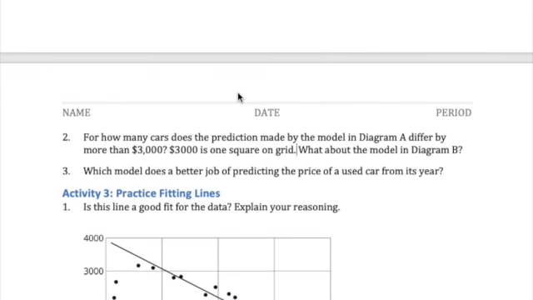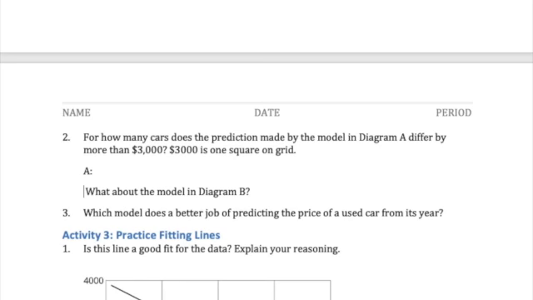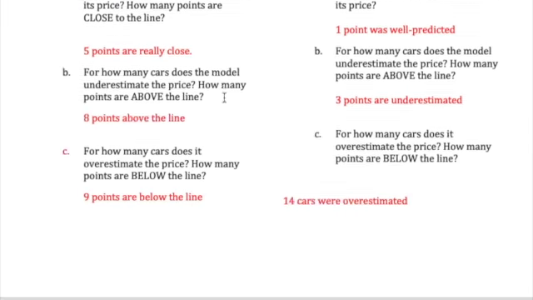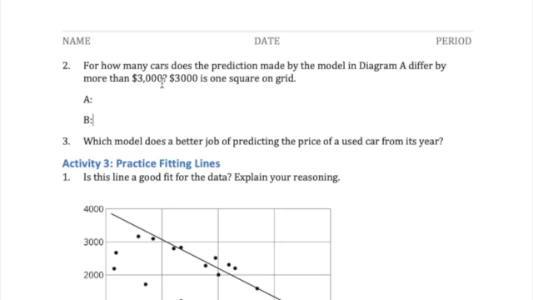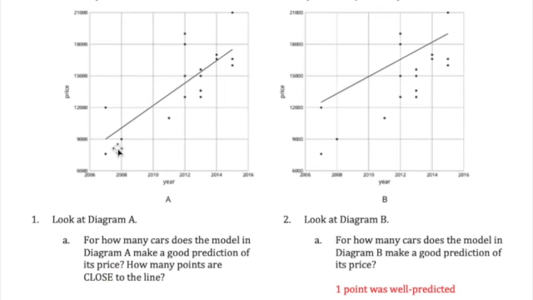So in diagram A, let's see, how many are more than $3,000? How many points are far away, basically, is what it was asking. That one's exactly 3,000, we're not going to count that one.